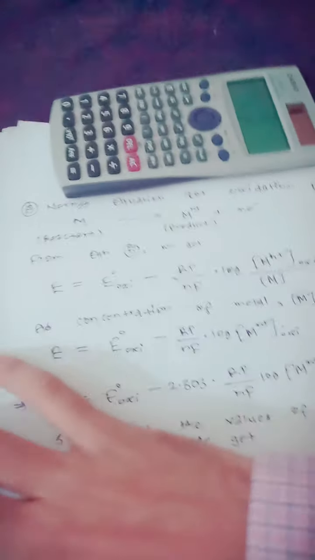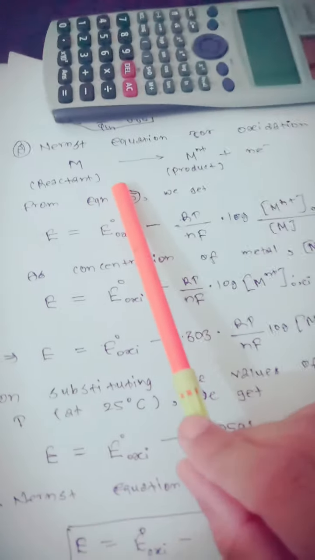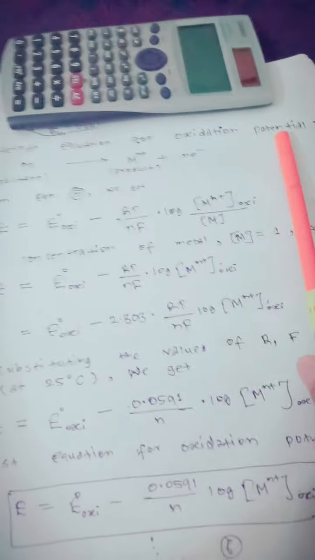Now I will do it separately. I will find out the Nernst equation for oxidation potential and also the Nernst equation for reduction potential. As you can see here, I have found the Nernst equation for the oxidation potential separately, and then I have found the other also. In the next page I find it here also.